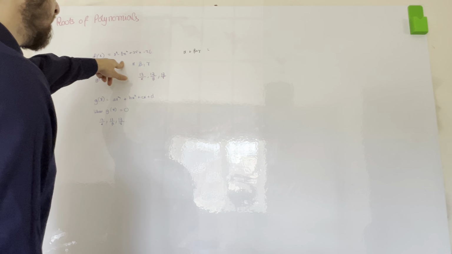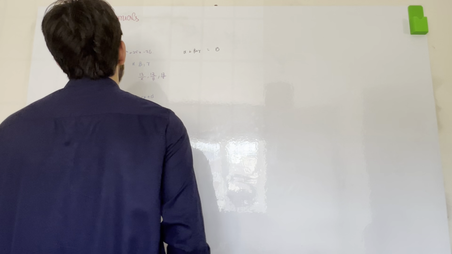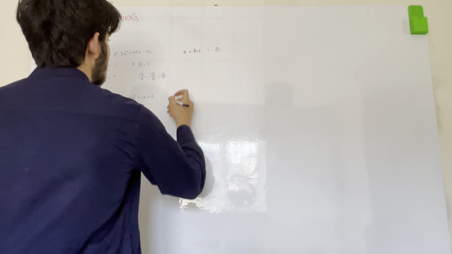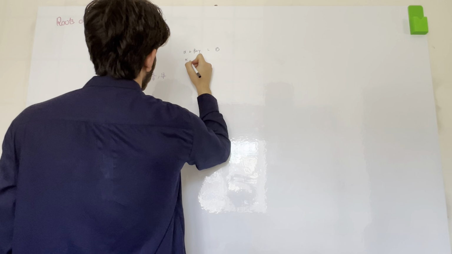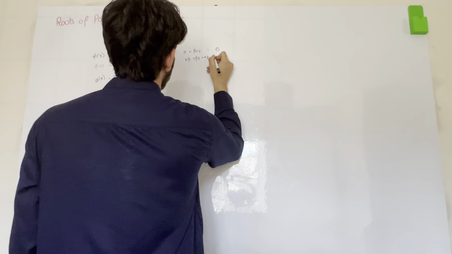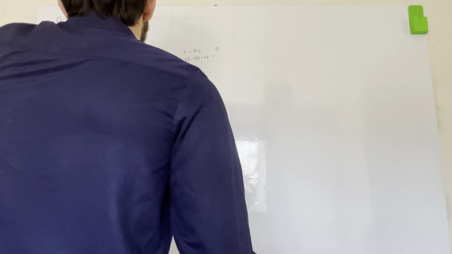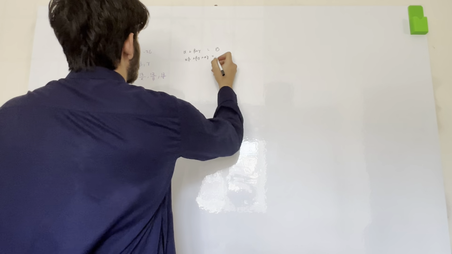And since b equals minus 8, we'll just say alpha plus beta plus gamma equals 8. Now, we're going to have alpha beta plus beta gamma plus alpha gamma, which equals c over a. And c is just 25. As a is just 1, I reiterate, it's going to be 25.